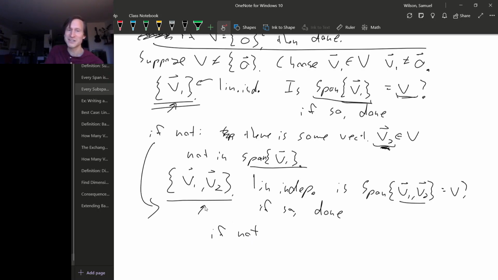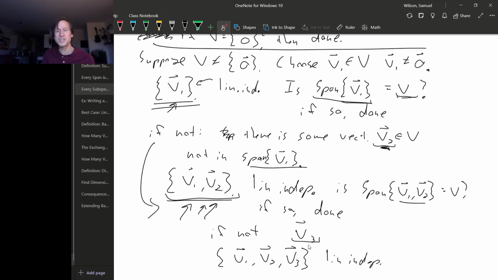Just pick another vector that's not in the span of these two, call it V3, and then add that to our collection of vectors. So now we have V1, V2, V3. Is this resulting collection linearly independent? Well, it is, because we started with a linearly independent collection. We threw in a vector that is not in the span of that collection, and so the result is linearly independent.